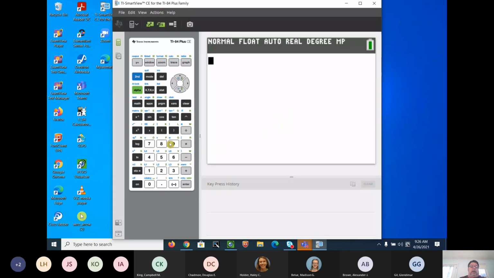So to type in an exponent, there's an EE key somewhere on your calculator. I don't use it.